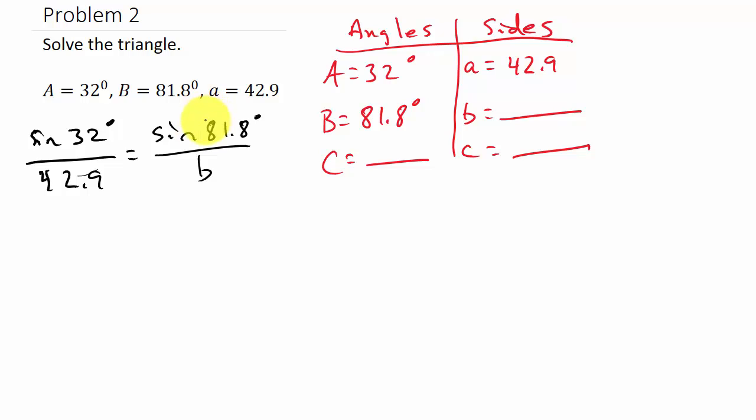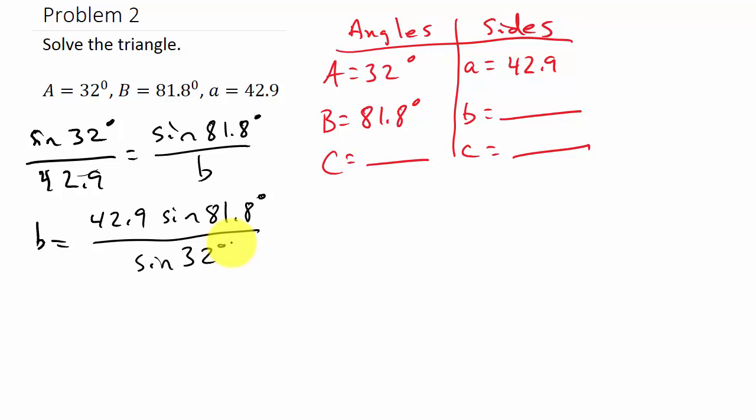Move this across, it's going to go to the numerator. When I move sine 32 across, it's going to go down to the denominator. So that's going to be B is equal to 42.9 times the sine of 81.8 degrees over the sine of 32 degrees.